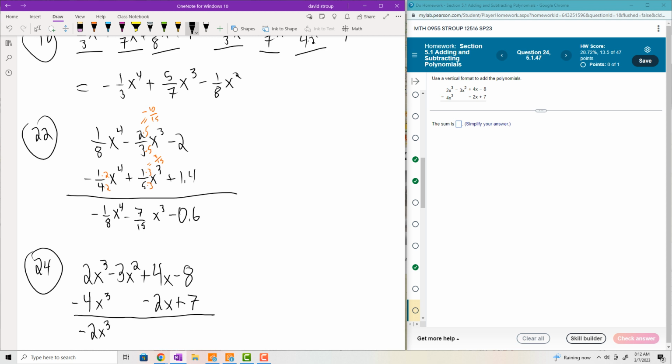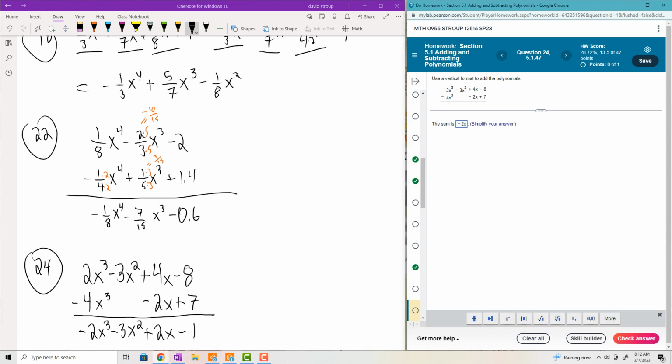And then you got negative 3x squared and then 0x squared. There's no x squared in that position, so just bring down the negative 3x squared. 4x minus 2x is plus 2x. And then negative 8 plus 7 is negative 1. So I got negative 2x cubed minus 3x squared plus 2x minus 1.